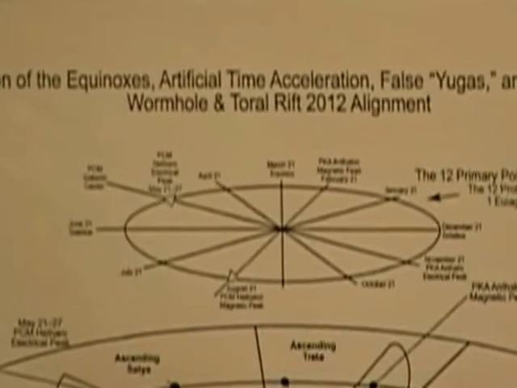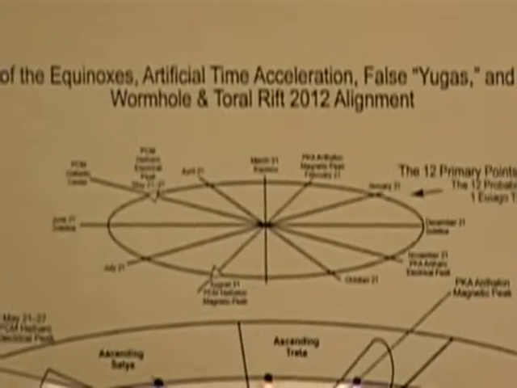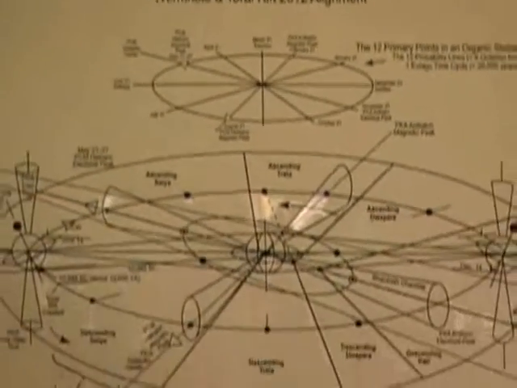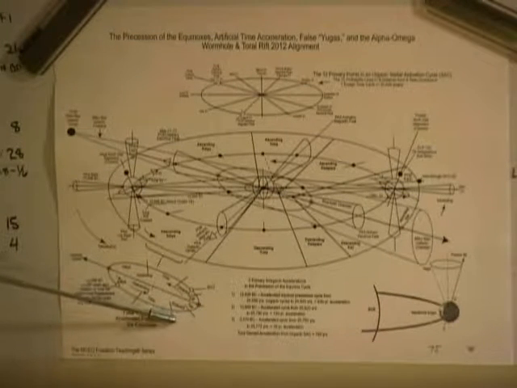Now they're actually tethered by their rods. They're still spinning, so there's a period where the rods separate and then come back together again as they spin. This gives you the false precession, the precession of the equinoxes, a system referred to as the false yugas. That's also associated with the Metatronic Death Star Merkaba teachings.